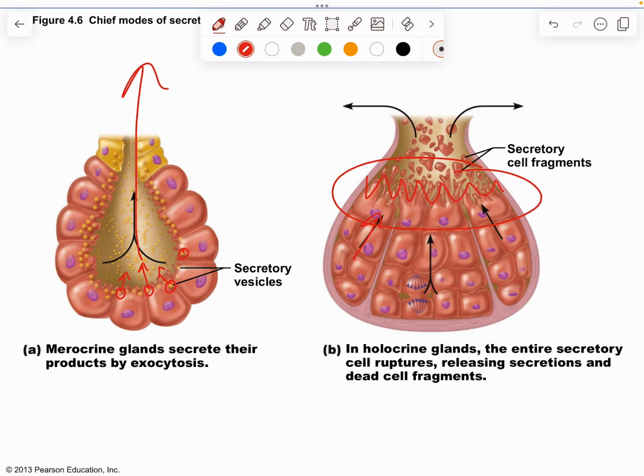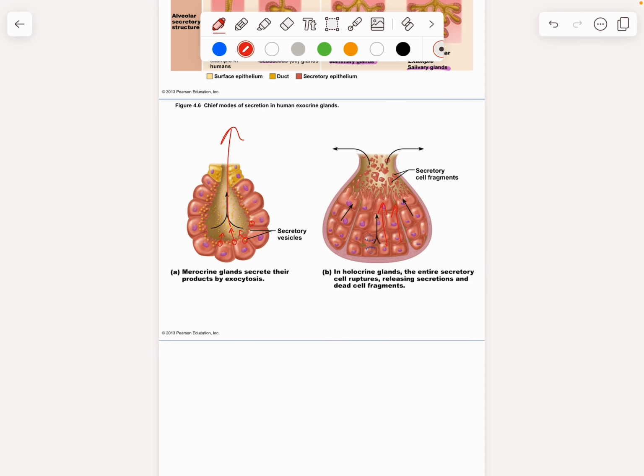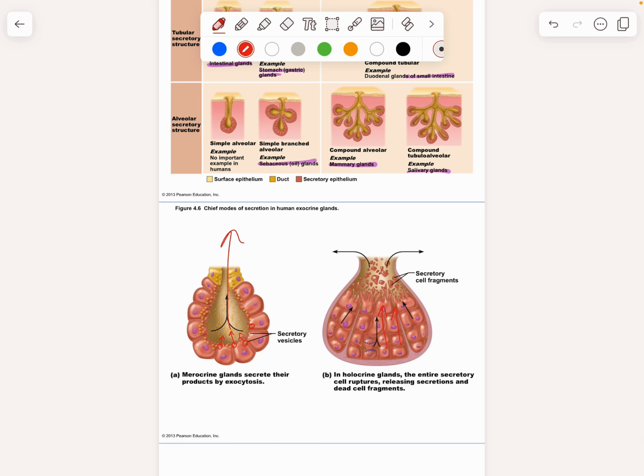These cells are bursting or rupturing, and that's releasing the product into that space to then go to where it needs to be. Once the cell ruptures, it's dead. It goes away and we continue to have new cells that move up from the bottom. Okay, so that is it for the glands, and we will look at a little diagram about these tomorrow as part of our review.